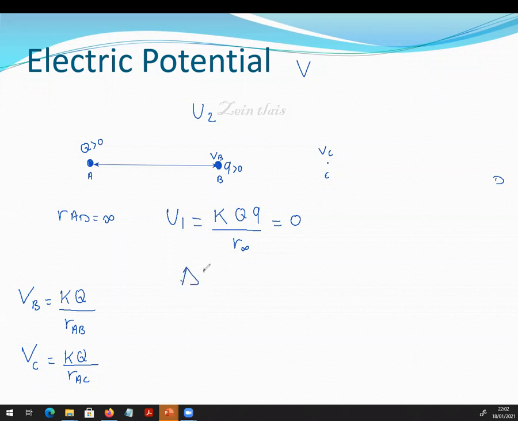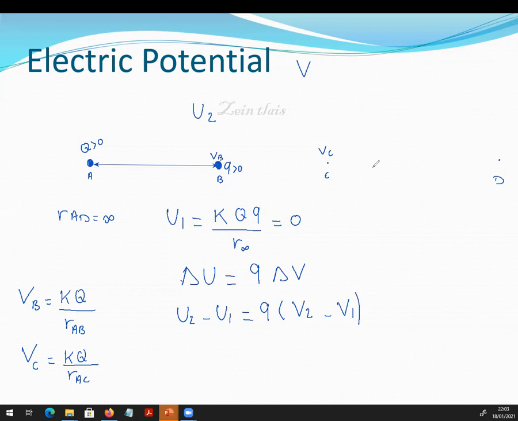Delta U equals q, the displaced charge, times delta V. Okay. Delta U equals q times delta V. Delta U is U2 minus U1. So we can say U2, U final, minus U1 equals q times V2 minus V1.